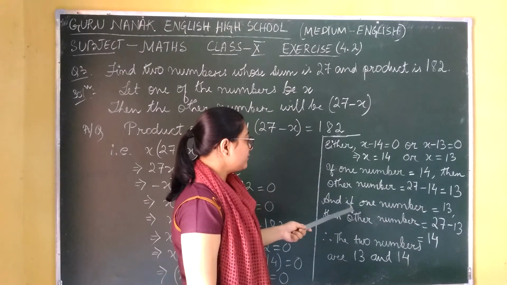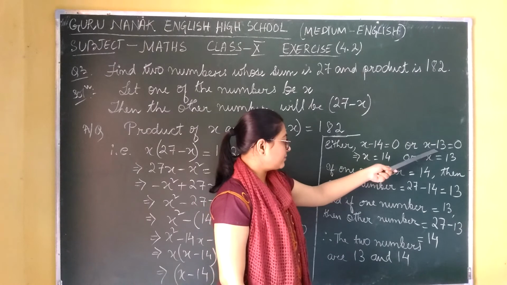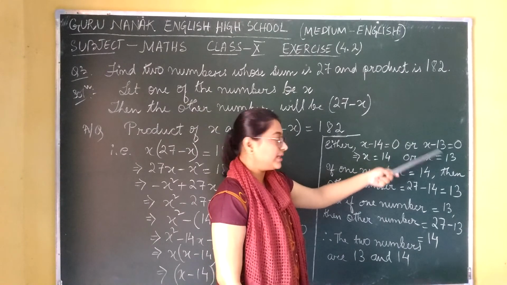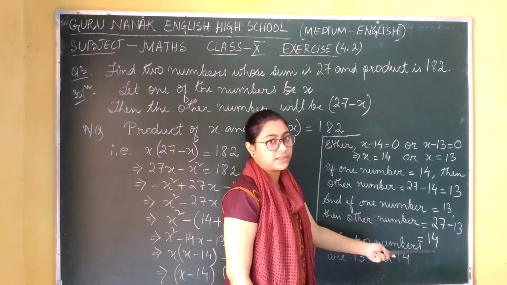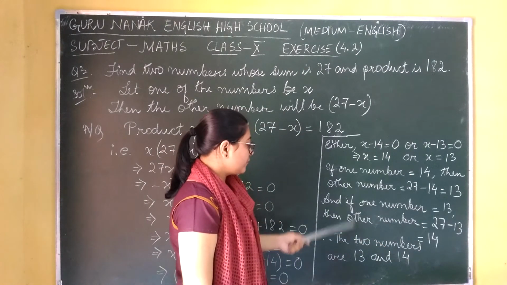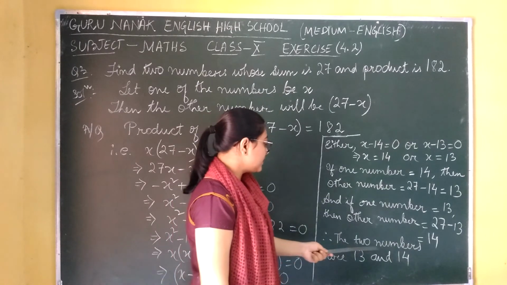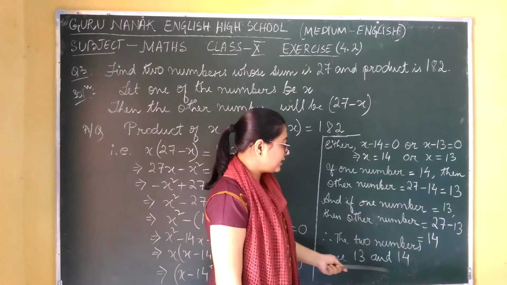Now if we consider the value of x to be 13, then our other number will be 14. So from these two we can say the two numbers are 13 and 14.